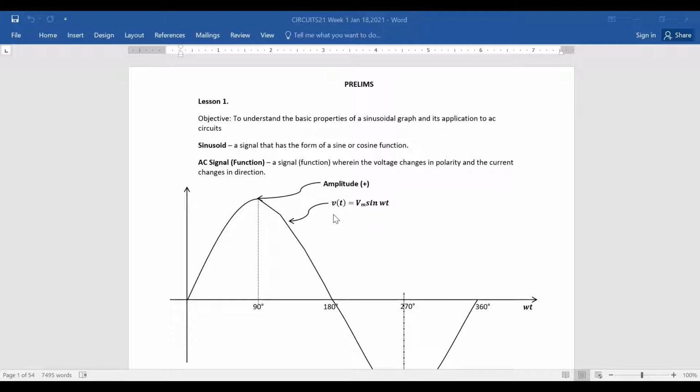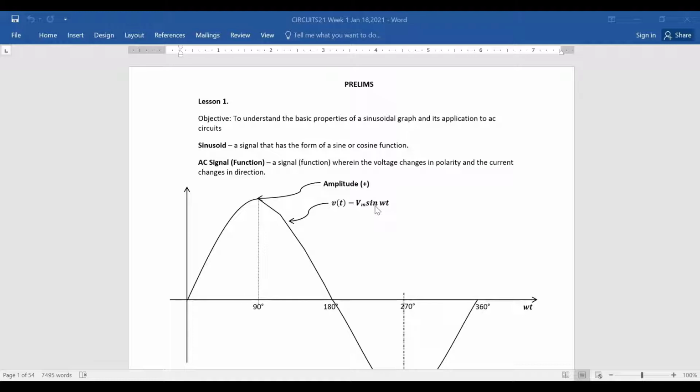Say for instance, this curve or this graph here, we have this sinusoid expression for our voltage, say v of t. v of t is equal to Vm sine omega t. So that means our sinusoid here is in sine function because of this sin, S-I-N, sine.